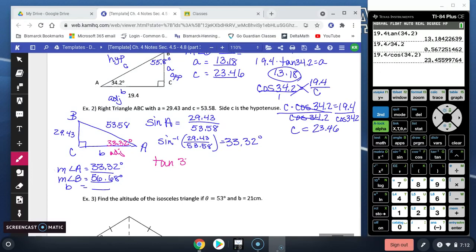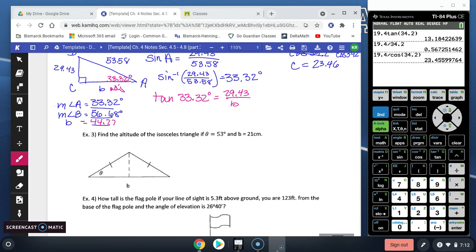So tangent of 33.32 degrees is opposite 29.43 divided by adjacent, which is B. When you solve for B, you're going to get 44.77.